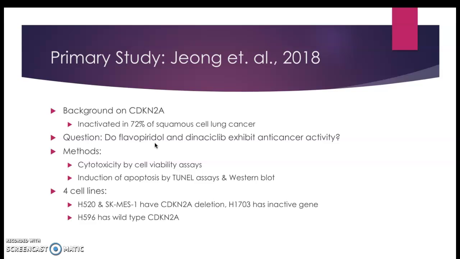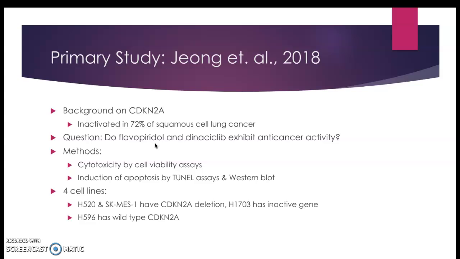And so they did this in a few different ways. First, they looked at cytotoxicity through cell viability assays to see if these drugs induced cytotoxicity to kill the cells. And then they also looked at, do these drugs induce apoptosis? So looking a little bit more mechanistically, do they induce apoptosis? And they used TUNEL assays, no clue how to pronounce that, and Western blot analysis to determine this.